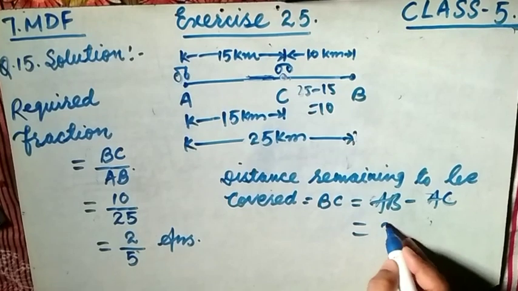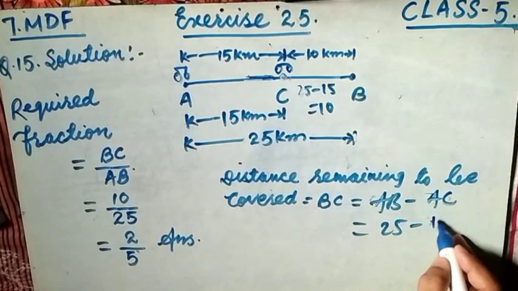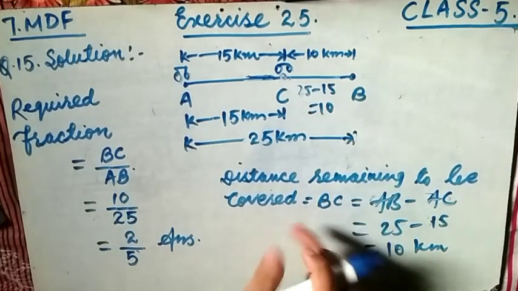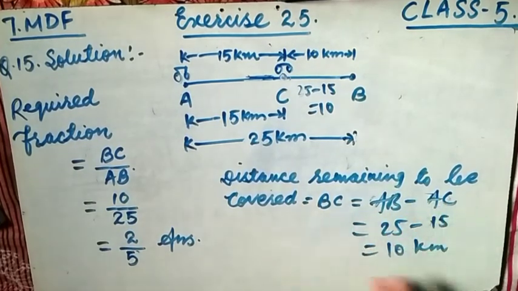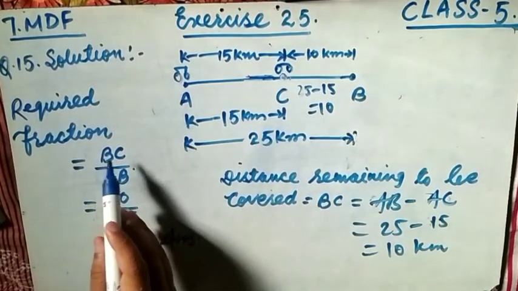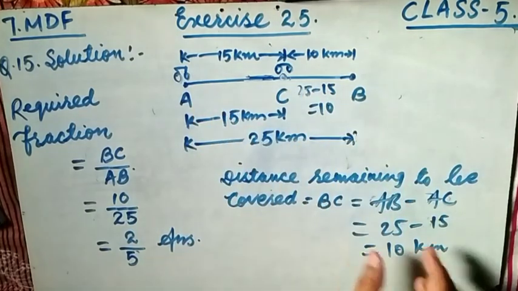Now AB is 25 kilometer and AC is 15 kilometer. This becomes 10 kilometer. Hence the distance remaining to be covered is 10 kilometer, and we have to find the required fraction.